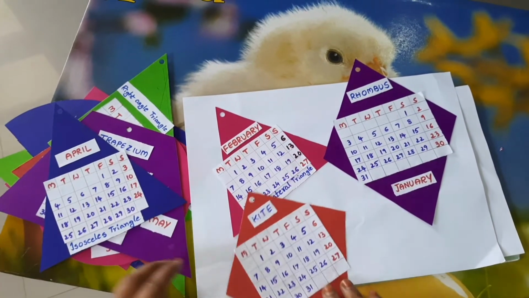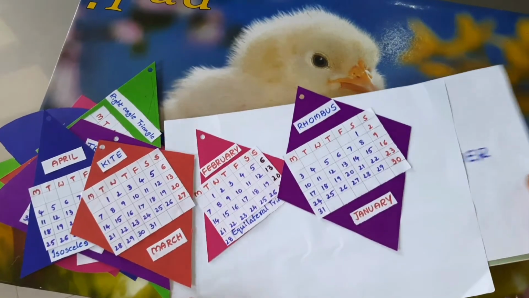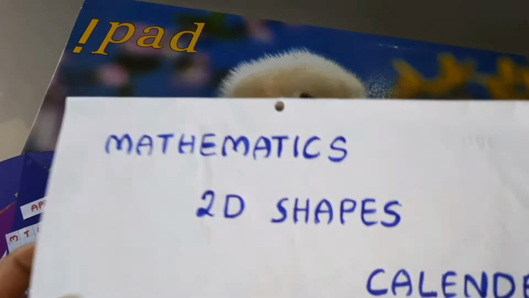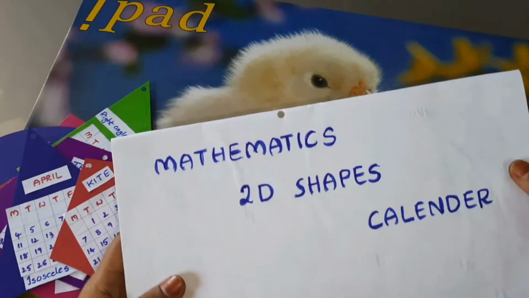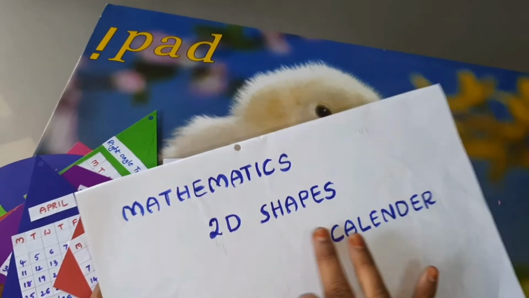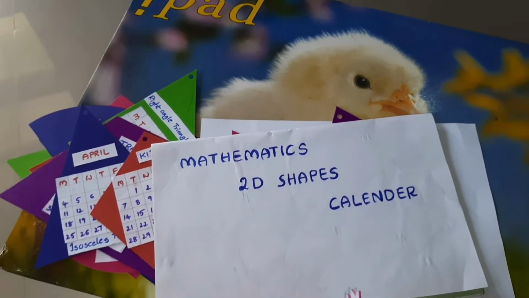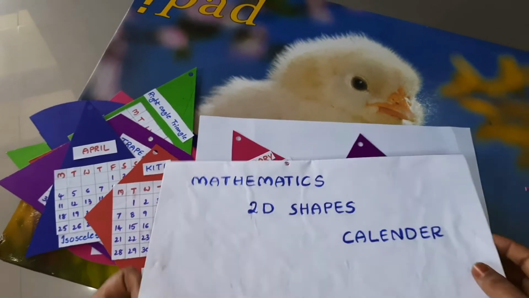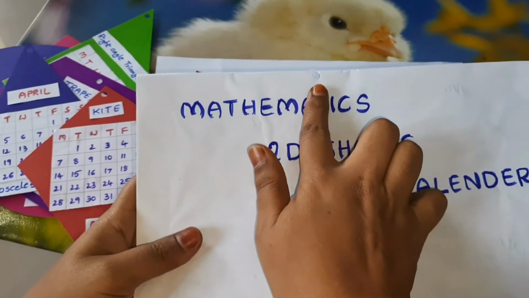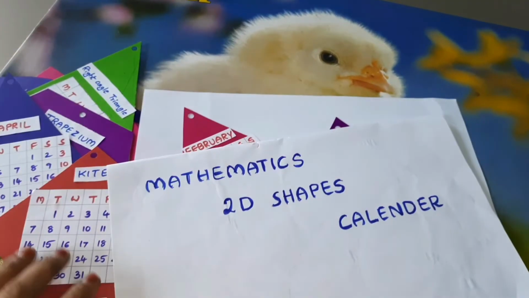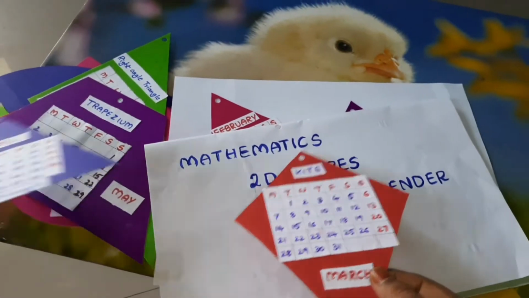Now take an old book sheet, like this, and write here mathematics 2D shapes calendar. With punching machine make holes on all the shapes.